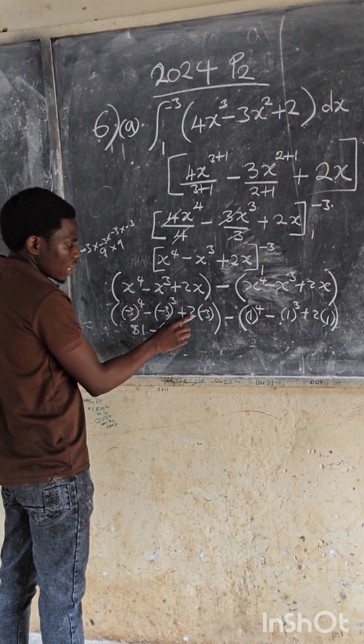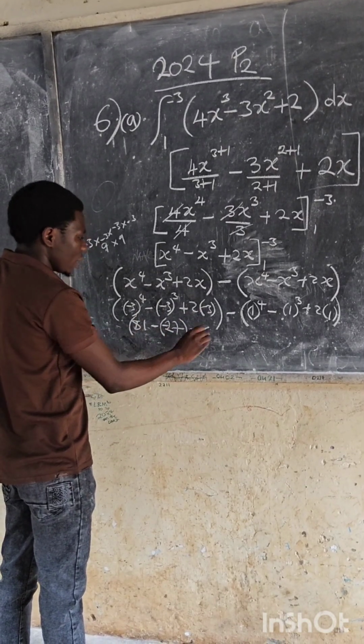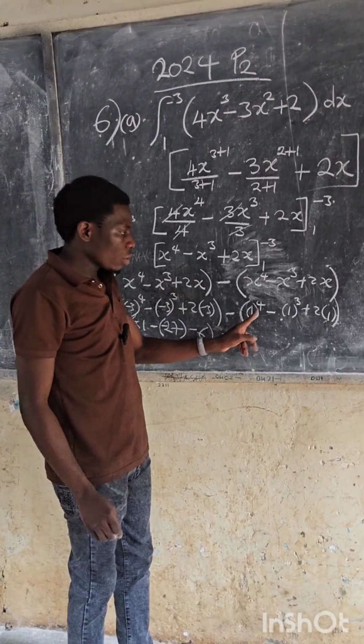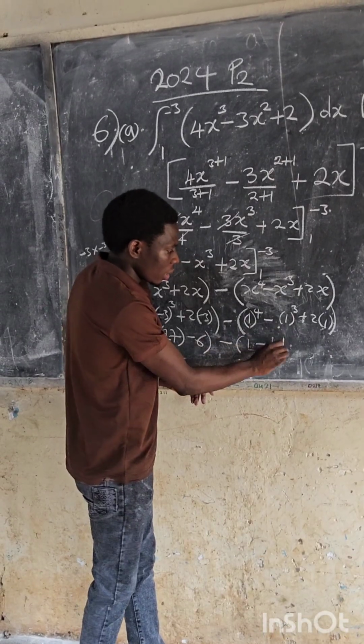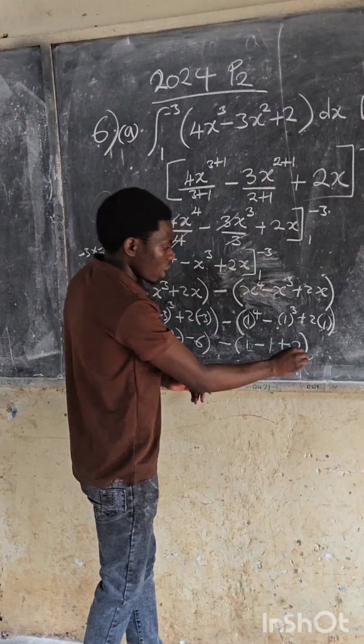And then here 2 times negative 3, we get minus 6. This is what we have in the first bracket. Minus, in the second bracket, we have 1 to the power 4 is 1, minus 1 to the power 3 is 1, plus 2 times 1 is 2.